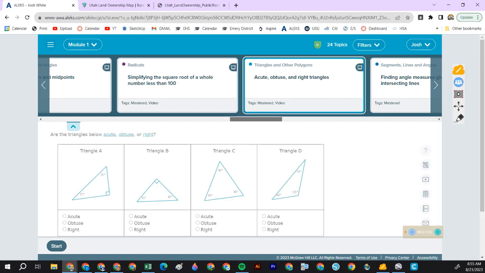Okay. What does it mean to be an acute triangle? Yeah, acute means less than 90, but if I had a triangle, how do I know that it's acute? Close. Triangle C, they're all acute. In order for a triangle to be an acute triangle, all 3 angles have to be acute.